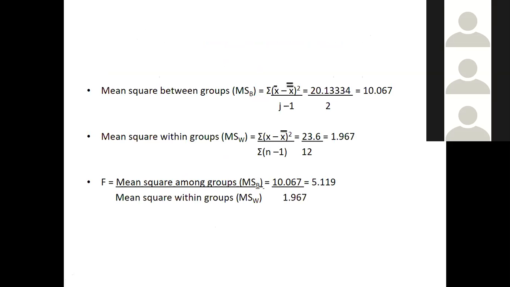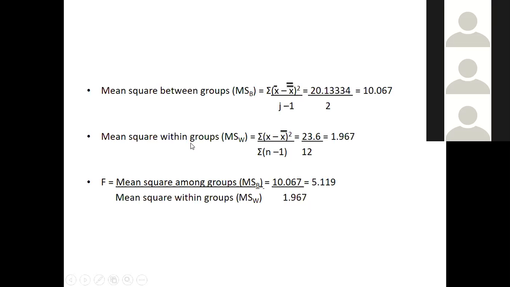Now, come and see. If you are to write the formula of the F-test, you will see that the F-test is the ratio of the mean square among the groups, the variance among the groups, divided by the mean square within the groups. The mean square between the groups is the sum of the group mean minus the grand mean, squared, over the degree of freedom, which is j minus 1, the number of groups minus 1.